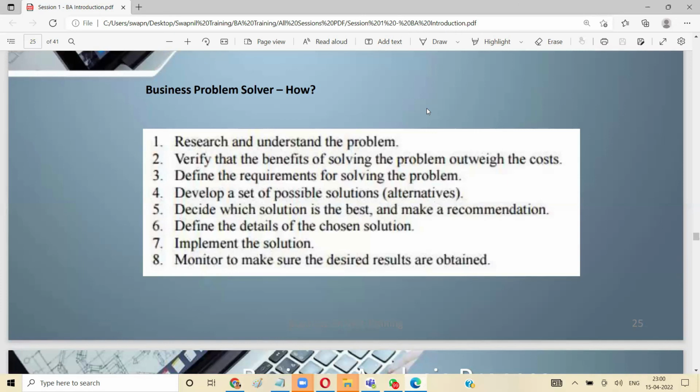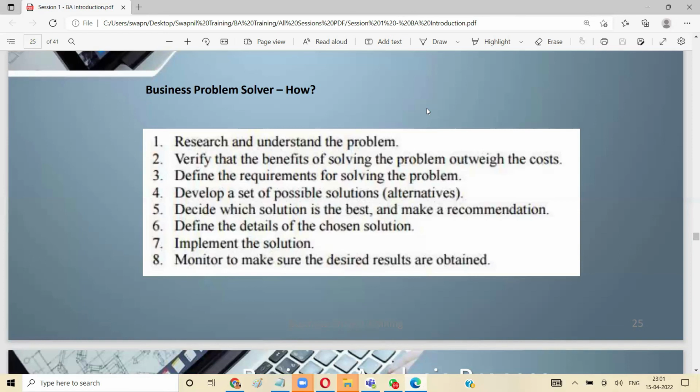Okay, so you get the requirements from your business, and once you have the requirement, then you always have to look at a set of possible solutions. Always have alternatives. Never go with the first solution that comes to your mind. You should have at least 2 options, 2 solutions in your mind before you decide which one to follow.